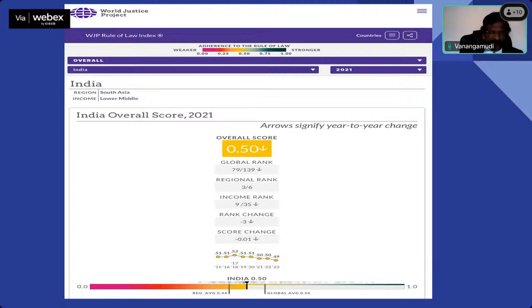In income group, out of 35, it is 9. The rank range change from the year 2015 to 2023: whether we are going up or down, it is pointed out it has gone 3 points down. Therefore, from 0.512, we lowered down to 0.49. So this way they measured it.